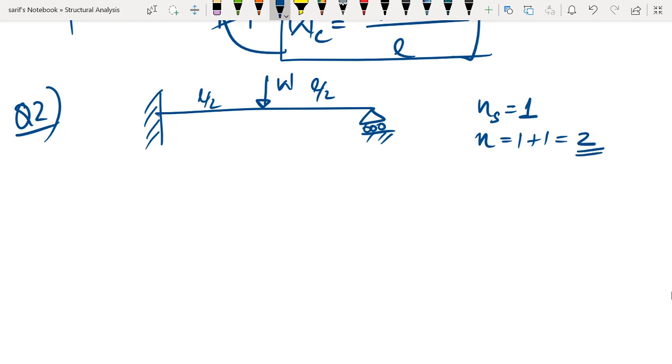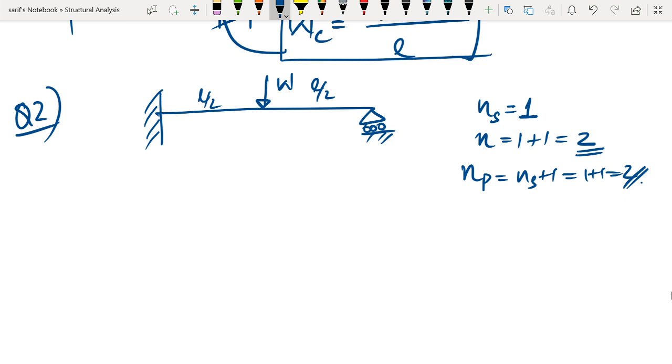Next, we need to find the number of plastic hinges that are required to form a mechanism. The number of plastic hinges required to form a mechanism is ns plus 1, which gives us 2. So if 2 plastic hinges are formed, then the mechanism will be formed.